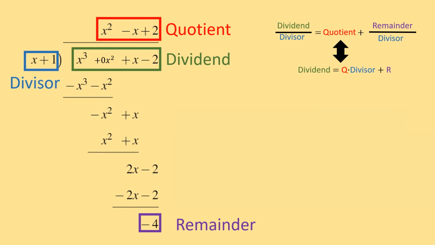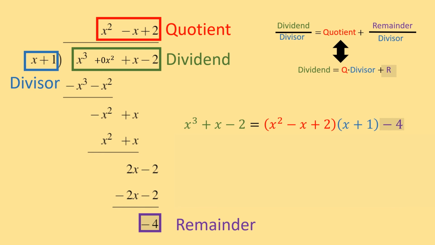So what happens when we write this one out? Well, it looks like we end up getting the dividend equals what? The quotient times the divisor plus the remainder. So I get x to the third plus x minus 2 equals x squared minus x plus 2, which is the quotient, times x plus 1, which is the divisor, all of that minus 4. That's the remainder.